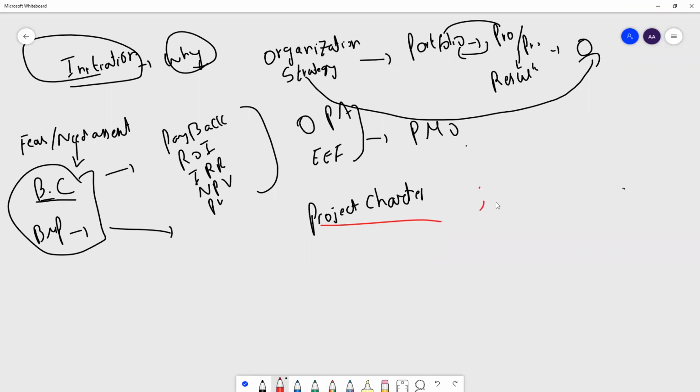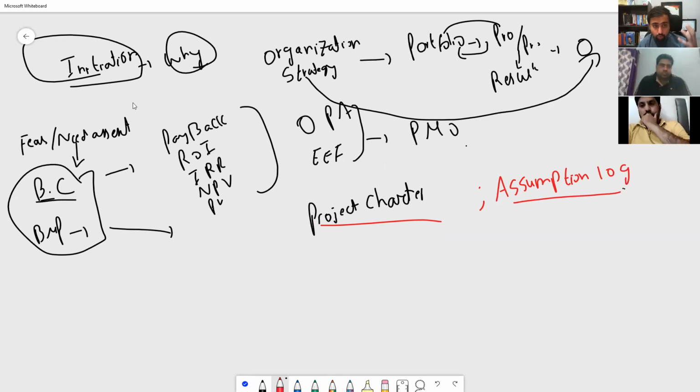With the project charter, another document is created that is called the assumption log. Assumption log is basically the list of all the requirements, the list of all the assumptions. Now assumptions can be true or false, they can be positive or negative, whatever it is, they are assumptions here. We make the assumption log at this stage to capture all the assumptions.